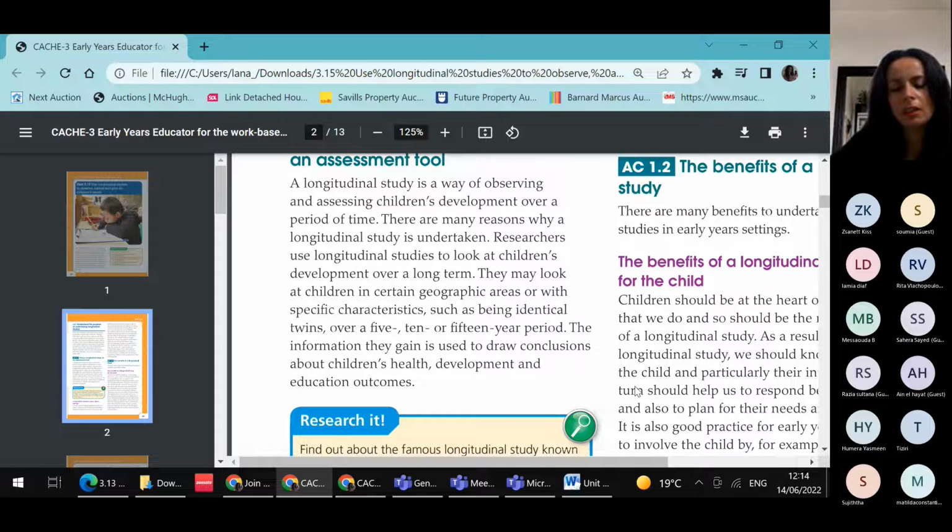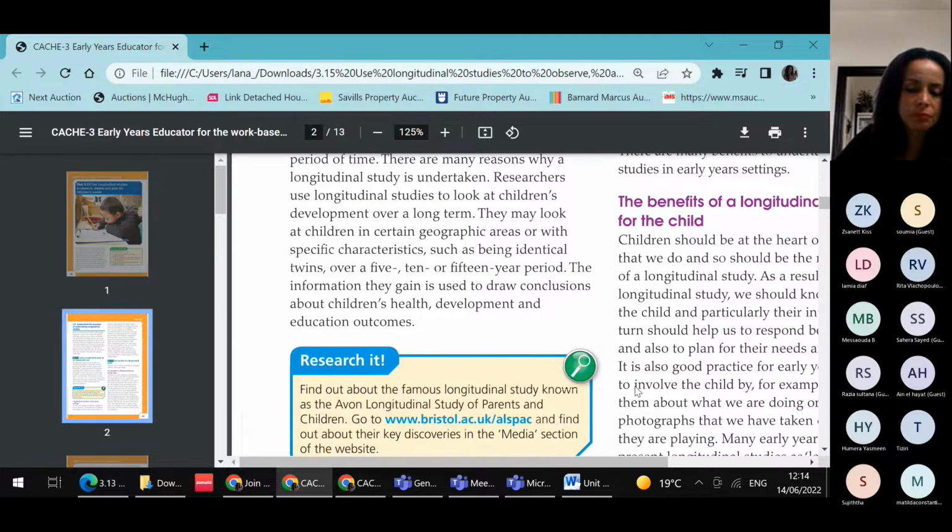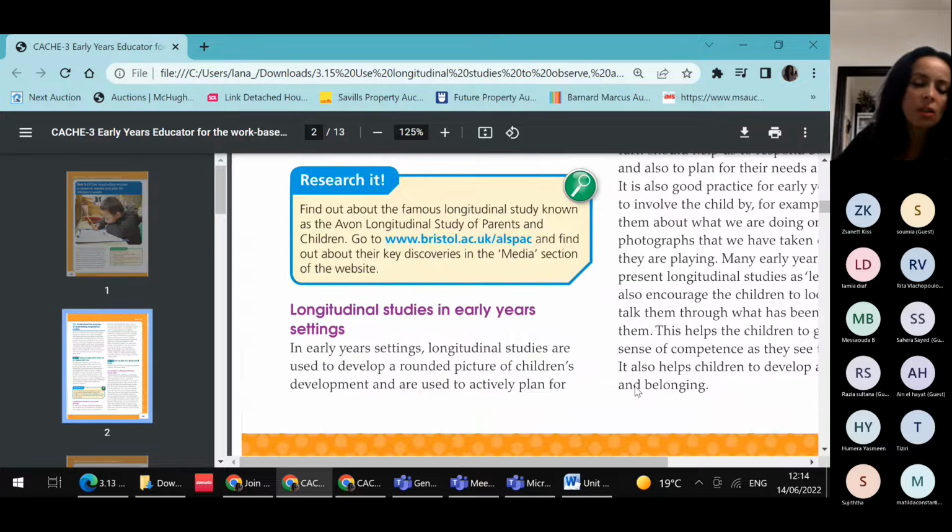I would study quite a few children or more children. Why? Because I need to understand why they behave in a certain way, why they don't do things in a certain way, if they have certain disabilities, and then how we can work on it. Yes, so for us, longitudinal studies in early years settings are used to develop child development.